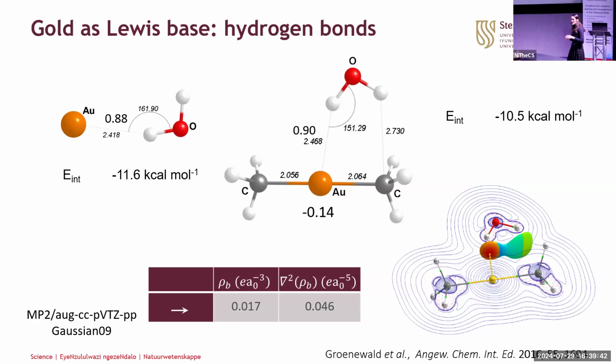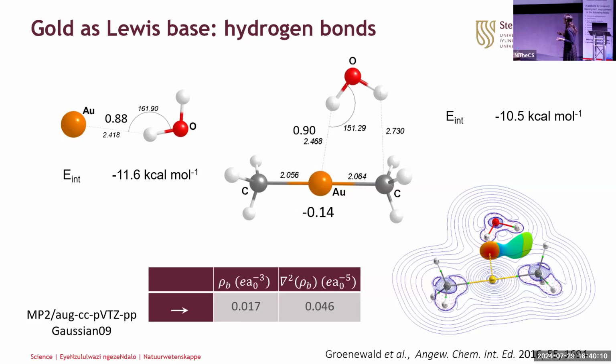If you think about the gold and the hydrogen having higher electron density, then there is a path of electron density between those two atoms. The bond critical point is the lowest point on this highest path of electron density between the two atoms. And so the fact that there's electron density there of this kind of level is very typical of a hydrogen bond.